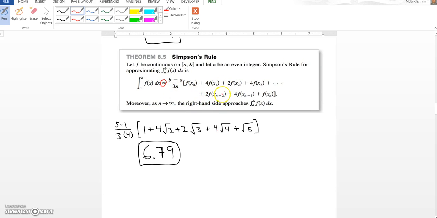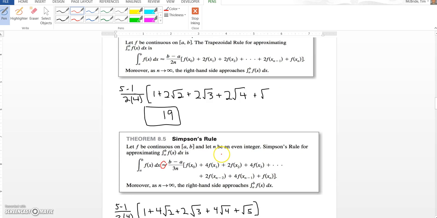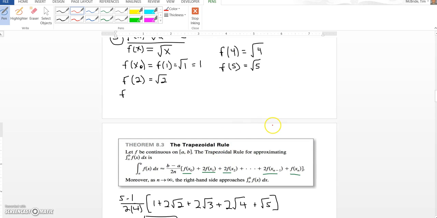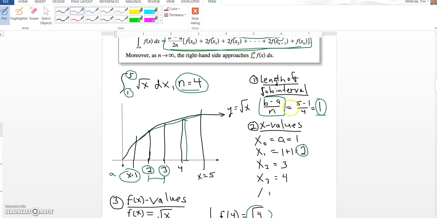So if we take the same integral, 1 to 5 of square root x dx, and we want to approximate that using Simpson's rule, the nice thing about it is we can use the same three steps we used up here.